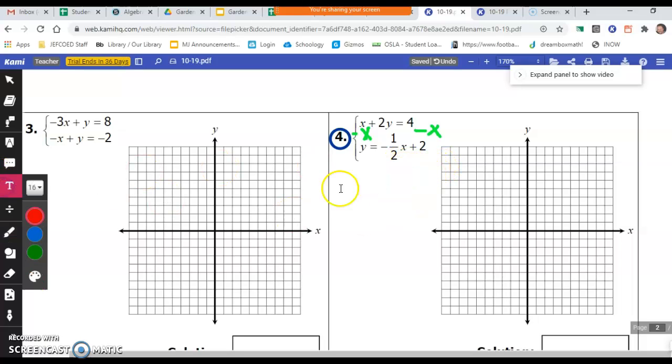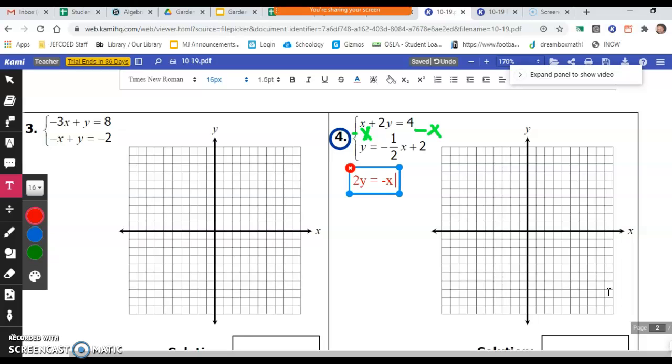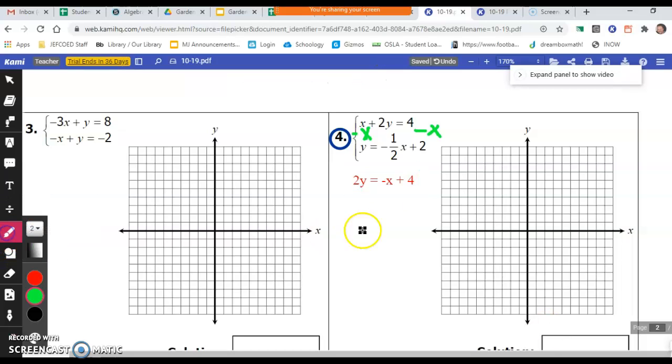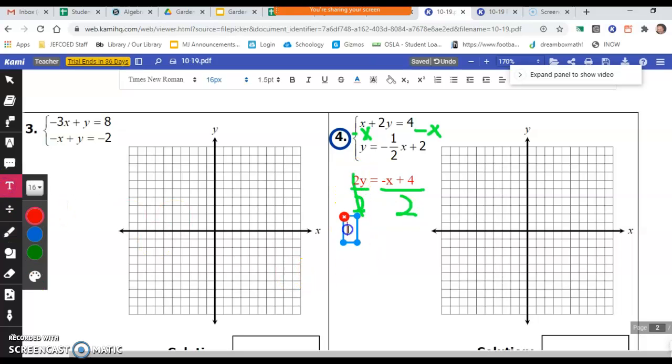Okay, so removing the x, putting it on the other side of the equation, we now have 2y equals -x plus 4. Okay, getting the variable by itself, isolating it, you guys know we got to divide by 2, and then the whole other side of the equation by 2 as well. You know those 2's will cancel, and then we're left with y equals.